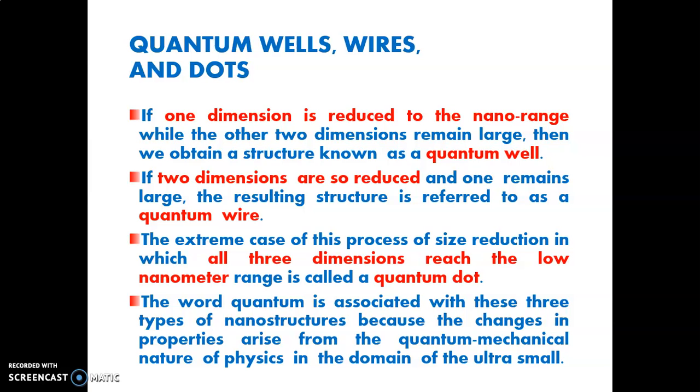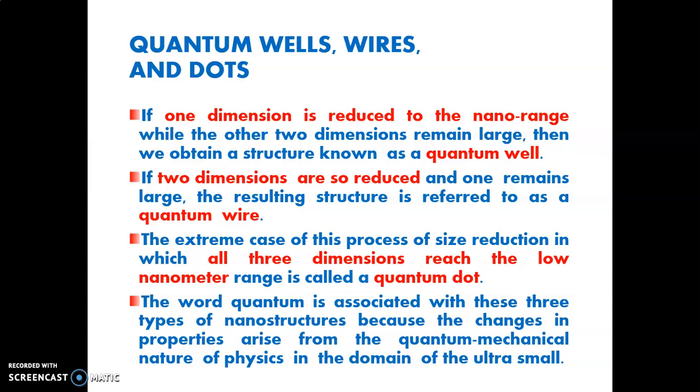Then what is a quantum wire? In a quantum wire, 2 dimensions are reduced and the remaining one dimension remains large. The resulting structure is called a quantum wire. Then the third one is the quantum dot.